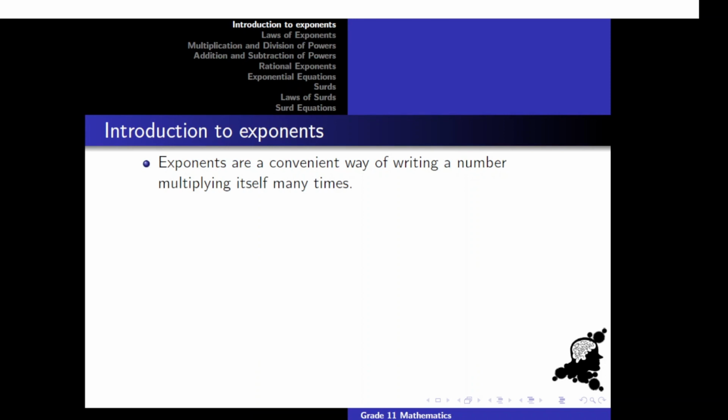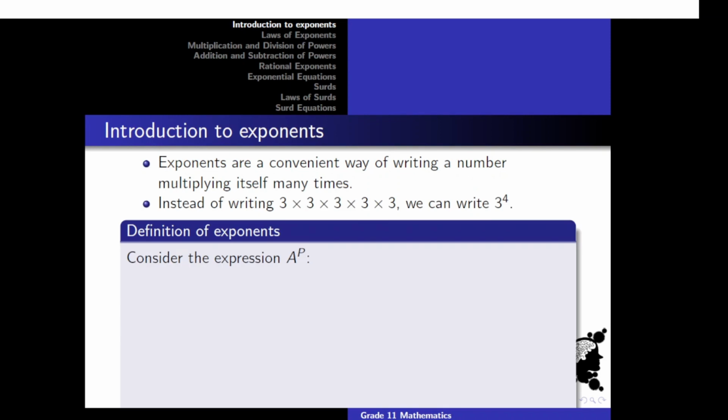That's why we're saying exponents are a convenient, simple way for us to write the multiplication process much easier. Here we are again. Instead of writing 3 times 3 times 3 times 3 times 3, we could just write 3 to the power 5. I included an extra 3 here, please do bear with me. It's supposed to be 3 to the power 5 because we've got five 3s that we're multiplying.